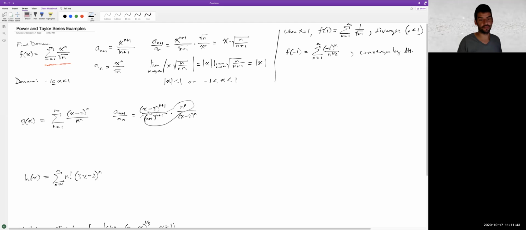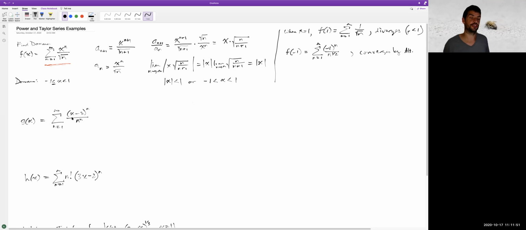This is a perfect one for the root test, right? Whenever your terms look like this, I could rewrite the terms like this, using the rules of exponents.